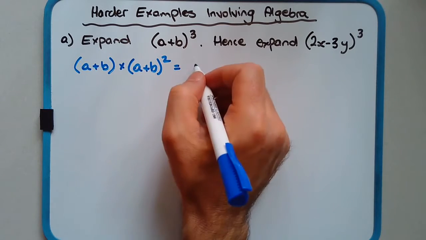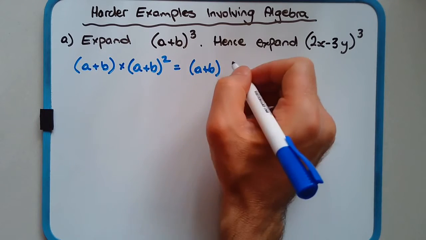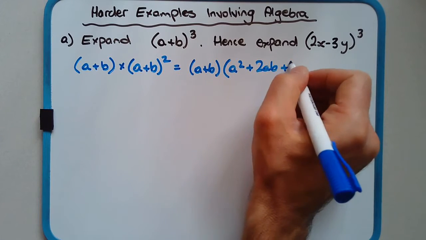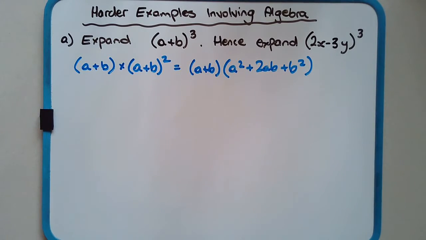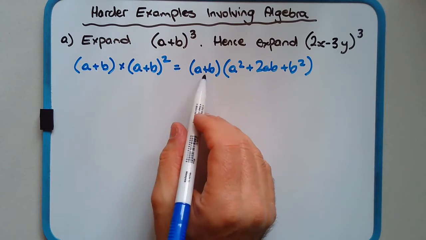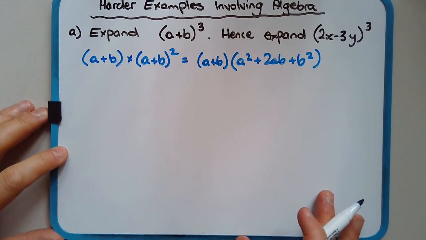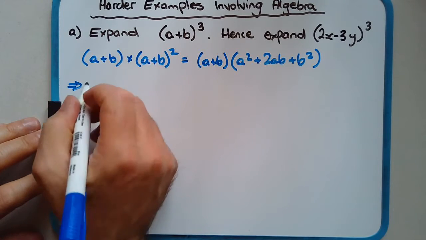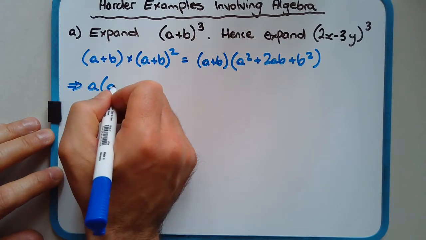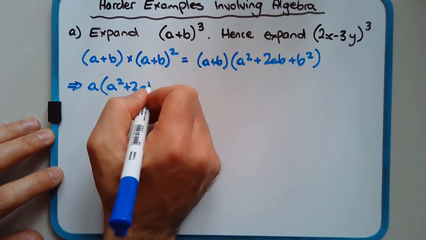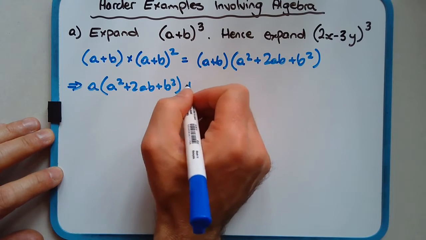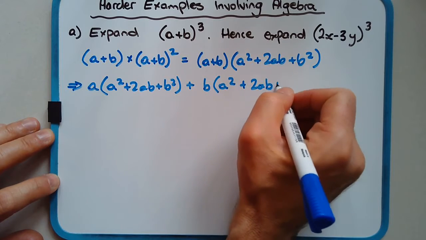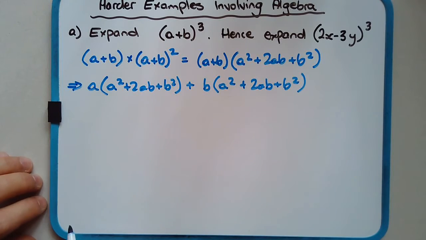Let's expand the perfect square. That's going to be a squared plus 2ab plus b squared. And then let's multiply through by (a + b). So that's going to be a times (a squared plus 2ab plus b squared), plus b times (a squared plus 2ab plus b squared).